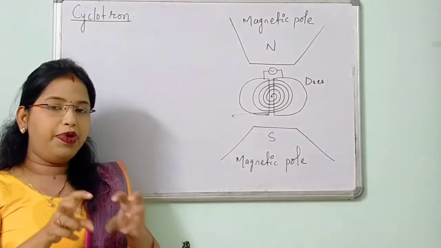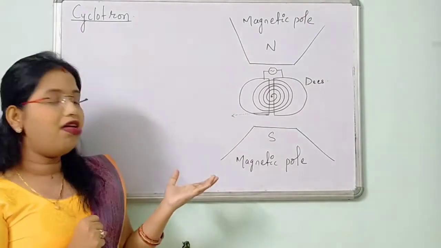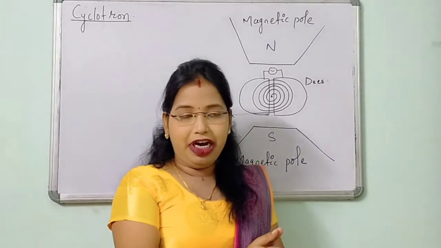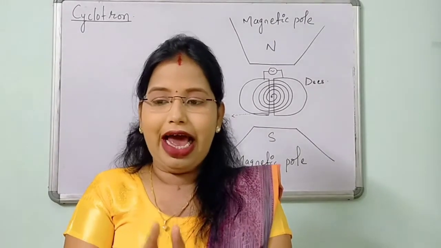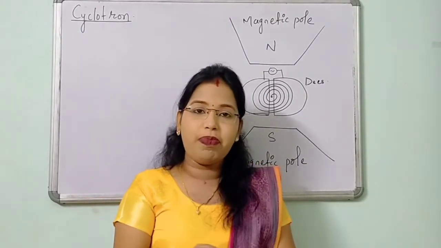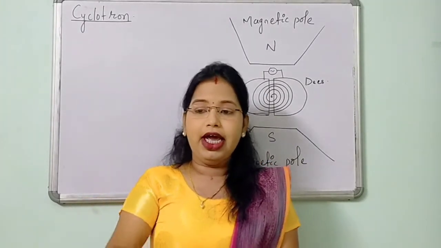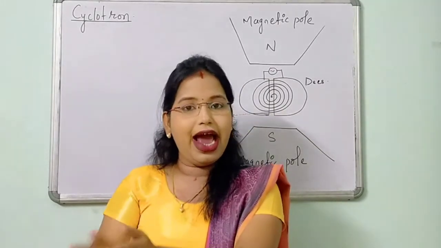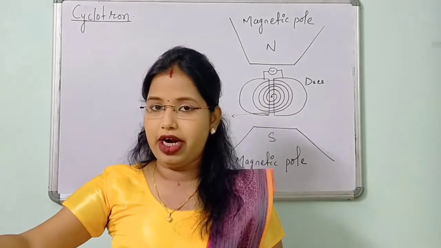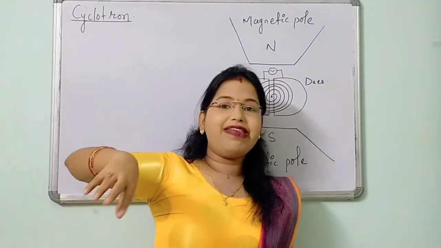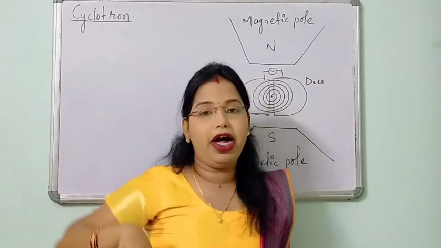The basic principle behind its working is that when both electric field and magnetic field act at right angles to each other on a charged particle present there, the electric field provides the velocity and acceleration to the charged particle, but the magnetic field makes it move in a circular path.